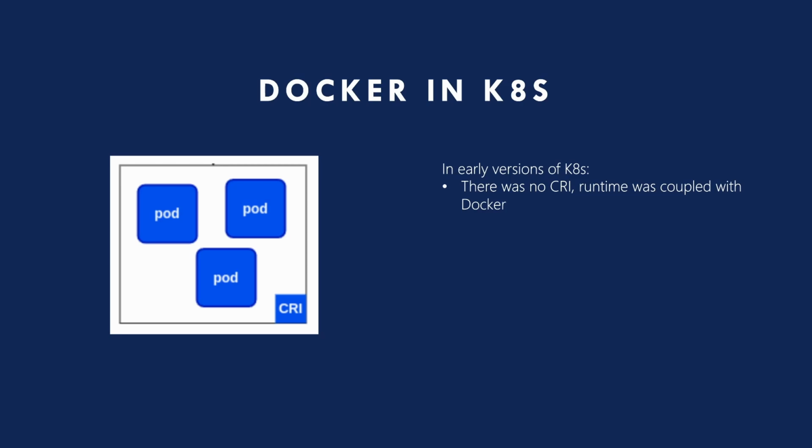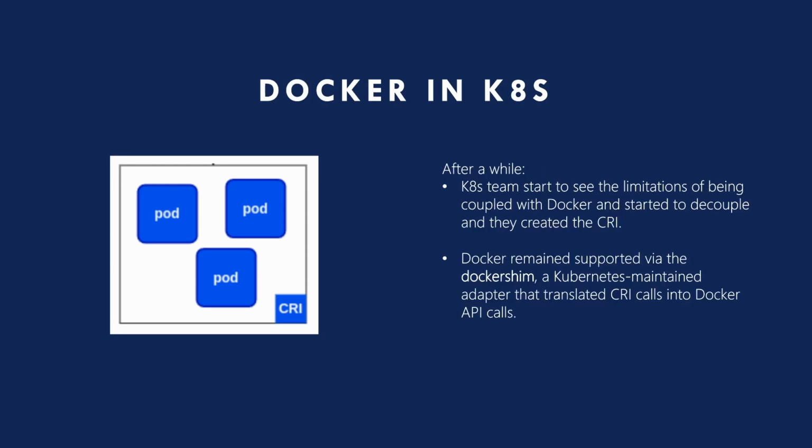It was tightly coupled with Docker, which, if you think about it, limits the flexibility that Kubernetes has. And as Kubernetes grew, the team wanted to be as agnostic as possible, even when it came to the underlying container runtime.